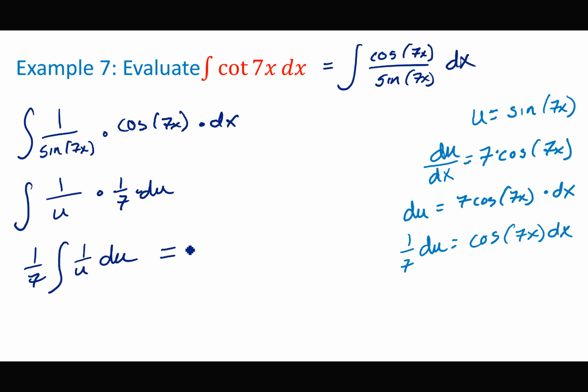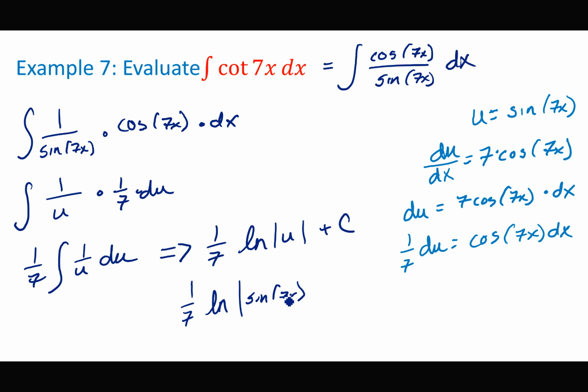What is the antiderivative of 1 over u? So natural log of absolute value of u plus c. And so 1/7 natural log absolute value of u. u was sine of 7x plus c.